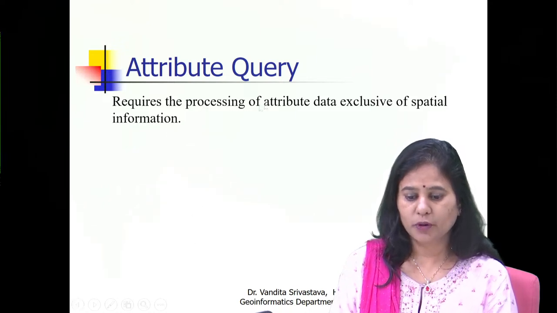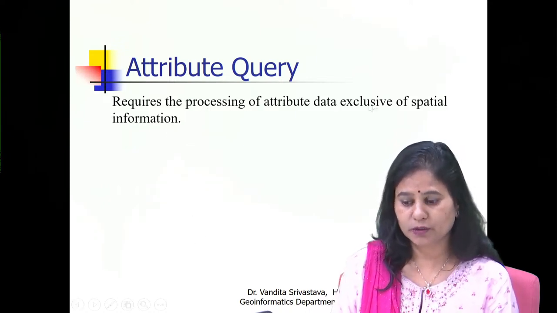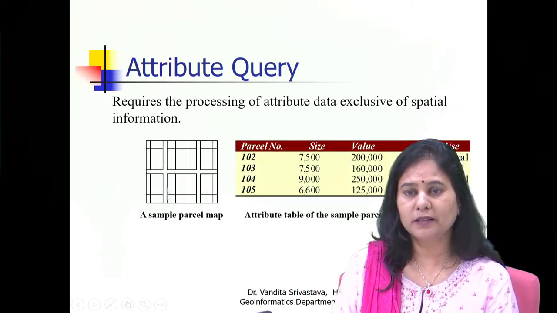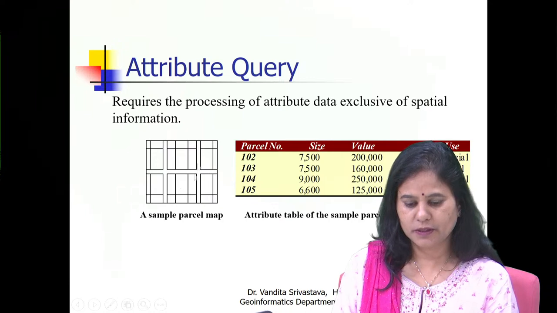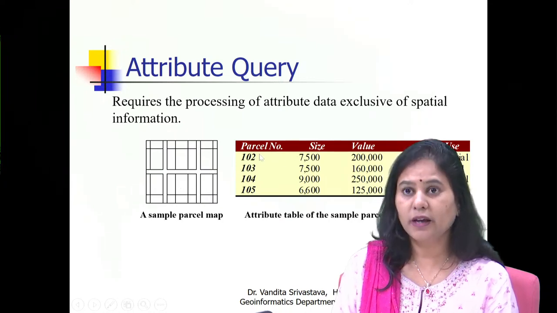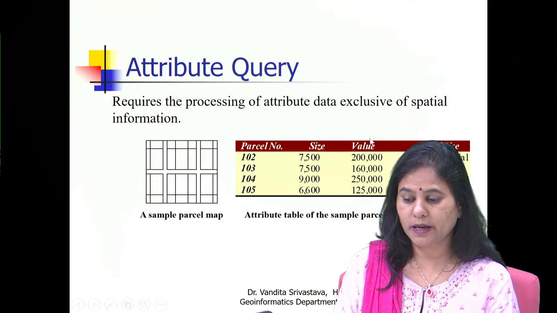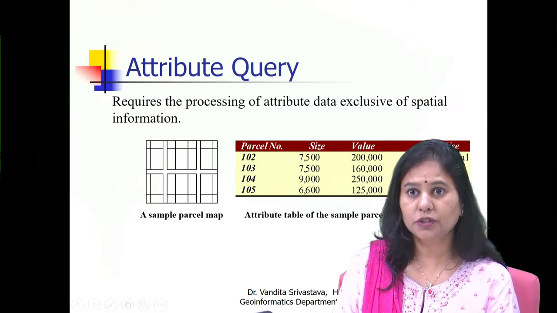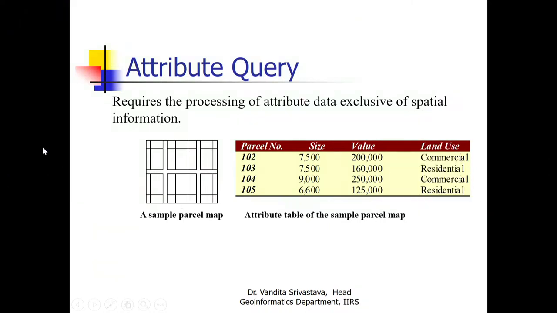It requires processing of attribute data exclusive of spatial information. So for example, if I have a parcel map which is represented here, and its attributes like the parcel number, size, value, and land use type of each parcel, they are listed here. Now suppose I ask a question to the database, once having prepared the database of a study area.